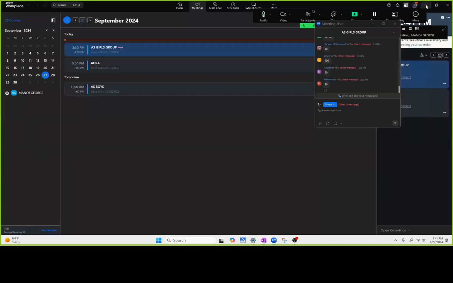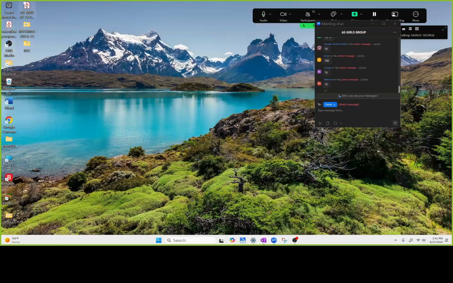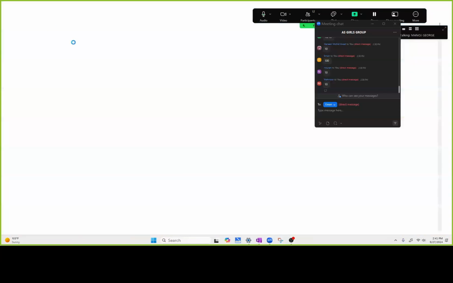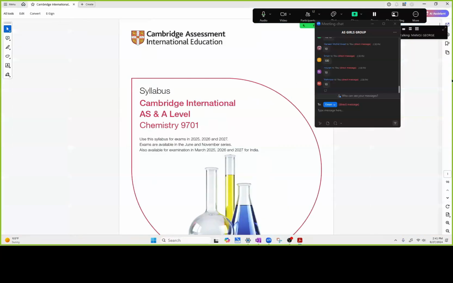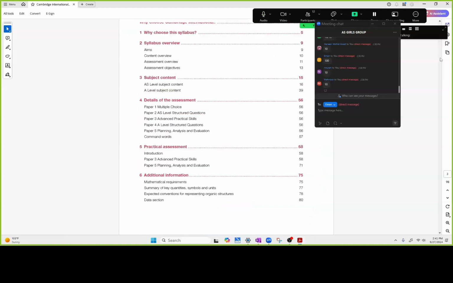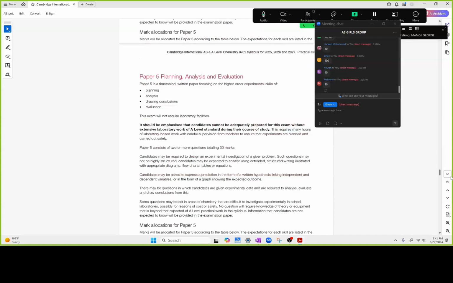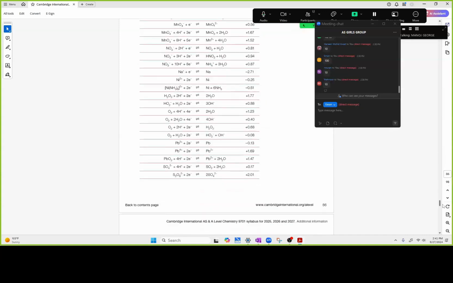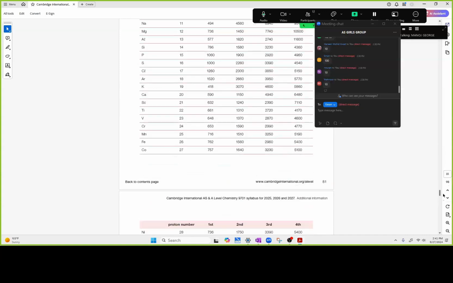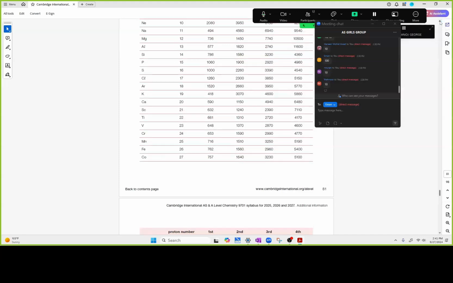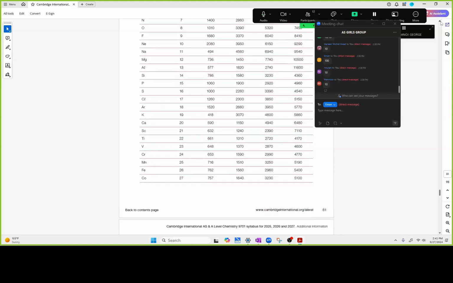Now let's have a look at the syllabus. Let's have a look at the ionization energy values. Earlier the data booklet was given, but now the data booklet is not given, so you're expected to know the graph. But don't worry, I will tell you how to learn the graph very quickly.